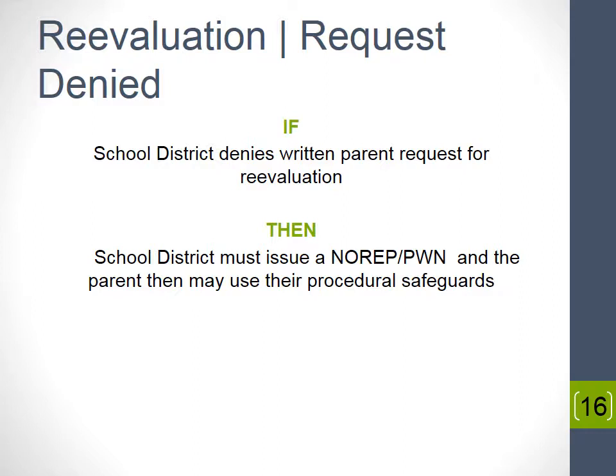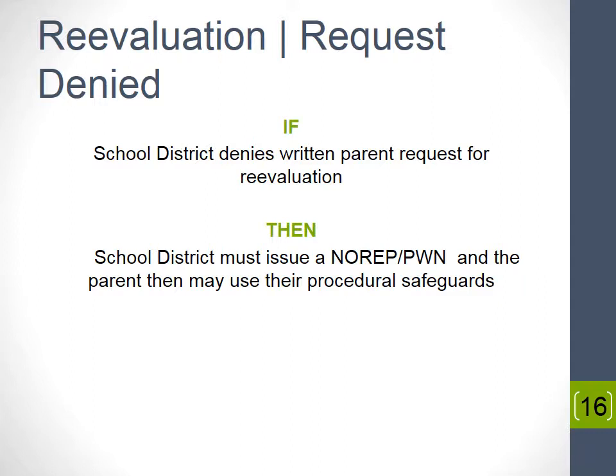If a school district denies a request for formal reevaluation beyond a review of records, the parents should know exactly how things will proceed from that denial, which would include the issuing of a NOREP/prior written notice.